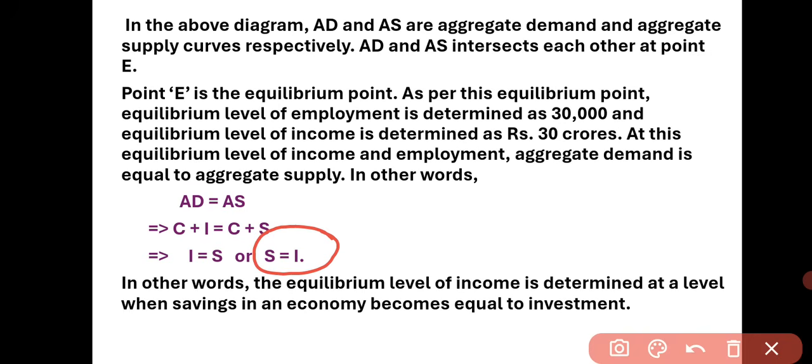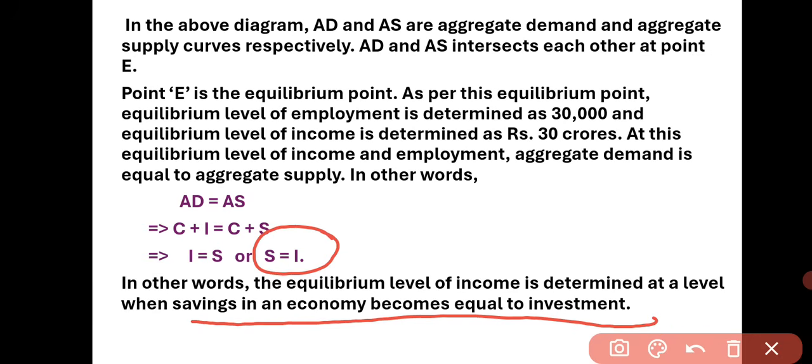So, from this deduction we have come to the conclusion that the equilibrium level of income is determined at a level when savings in an economy become equal to investment. Remember this important statement.